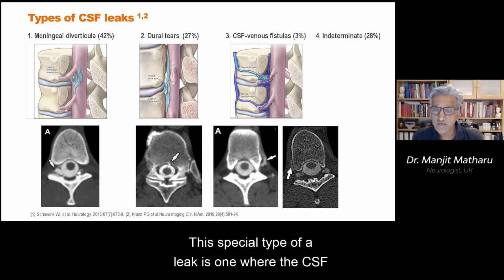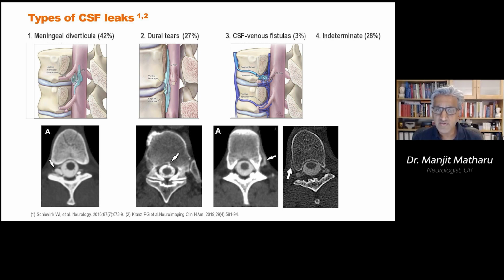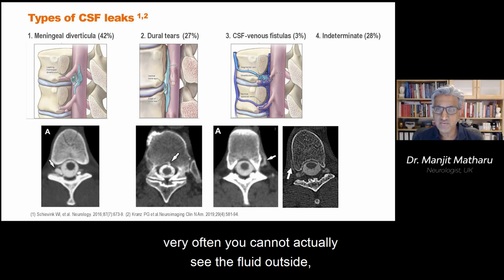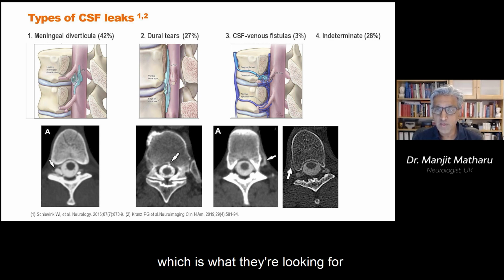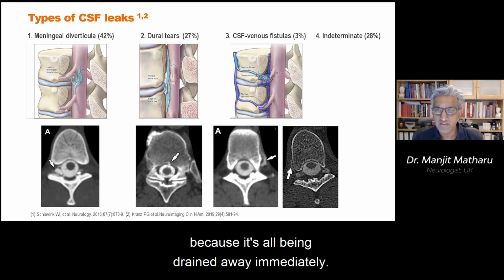This special type of leak is one where the CSF develops a connection with the vein, and the CSF fluid then starts actually draining into the veins. On imaging, on MRI scans, very often you cannot actually see the fluid outside, which is what we're looking for, because it's all being drained away immediately.